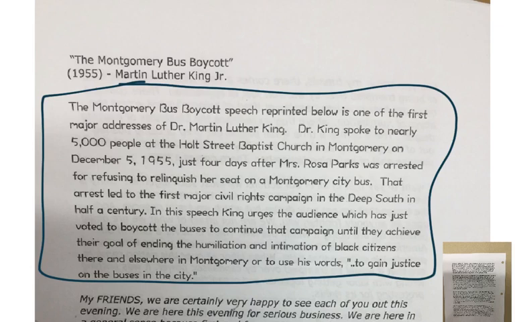That arrest led to the first major civil rights campaign in the Deep South in half of a century. In this speech, King urges the audience, which has just voted to boycott the bus, to continue that campaign until they achieve their goal of ending the humiliation and the intimidation of black citizens there and elsewhere in Montgomery, or to use his words, to gain justice on the buses in the city.